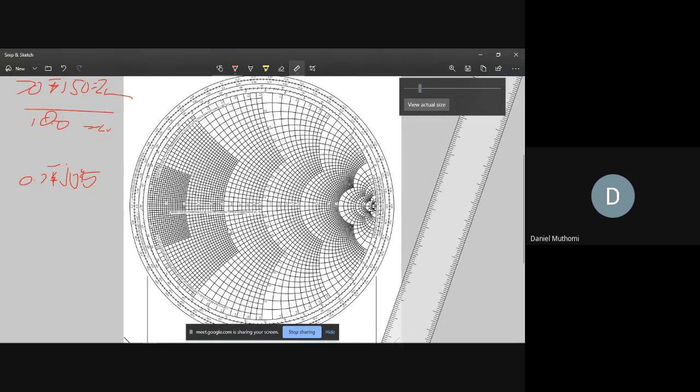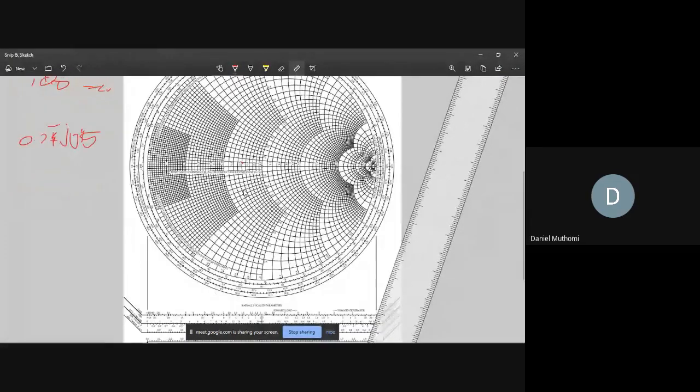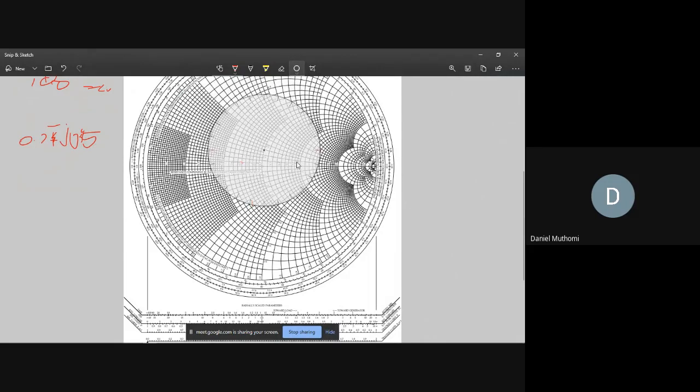Again, you know the drill now. 70 is the resistive part, so you come for the 0.7 circle. That one. And j0.5 should be somewhere here, and you look for the intersection point. I think there. Draw the circle.